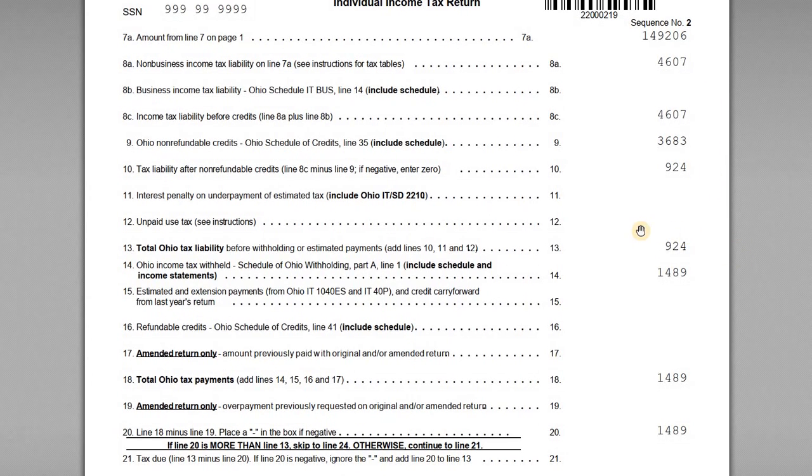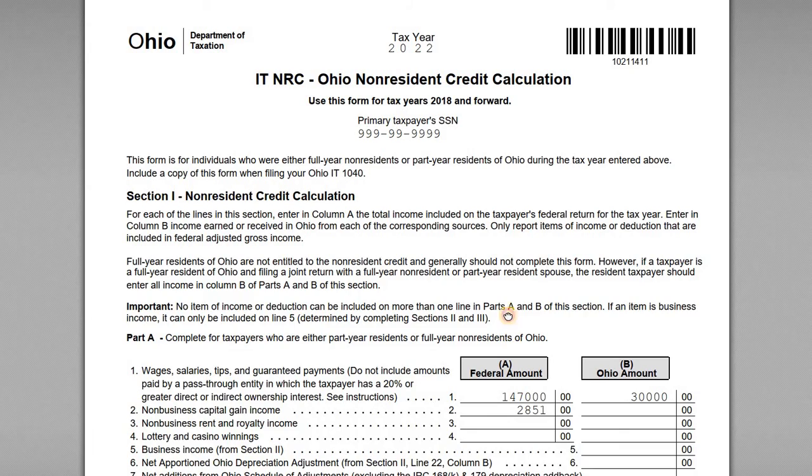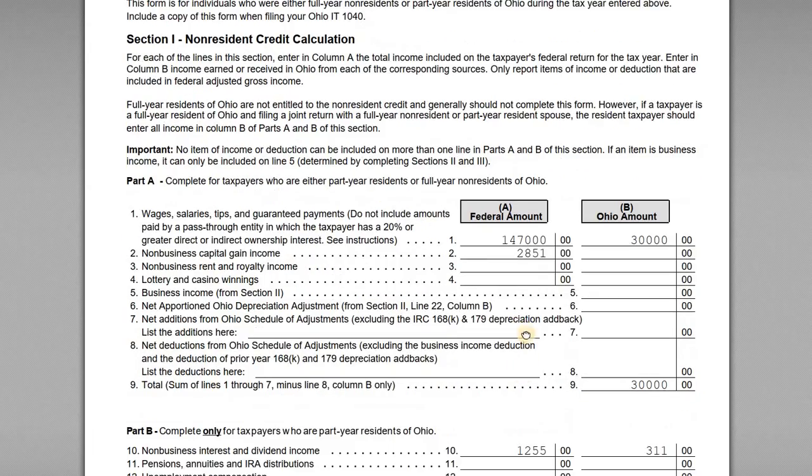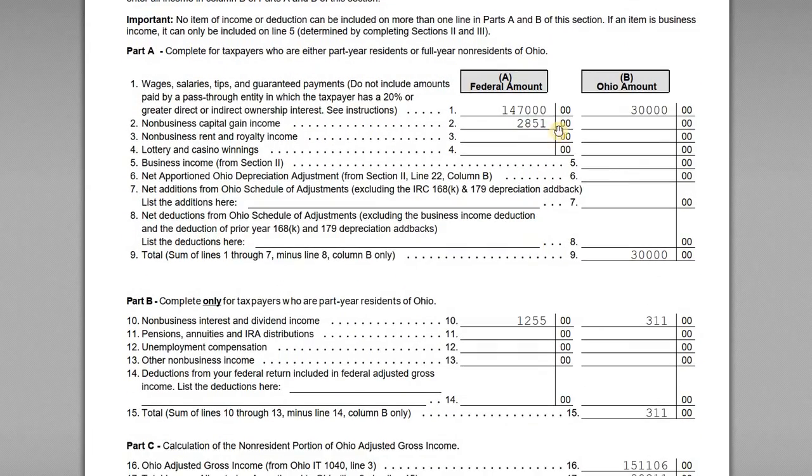So now, once we have that completed, we can start looking at the Schedule NRC and then the amount of credit that we're going to be able to claim. So let's go to the Ohio non-resident credit calc. So this form is where we separate, okay, what are the total federal amounts and then what is the portion attributed to Ohio.